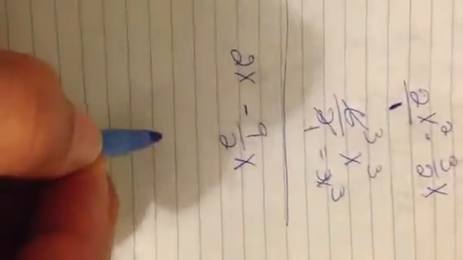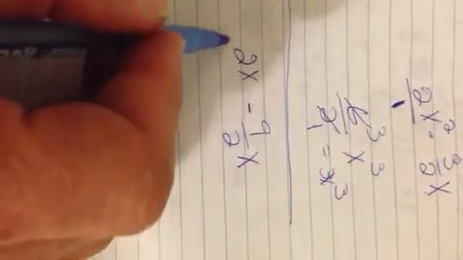Okay, we have here 2x minus 9 over 2, let's do it here. 2x minus 9 over 2x. To subtract fractions, the first step is to take the common denominator.